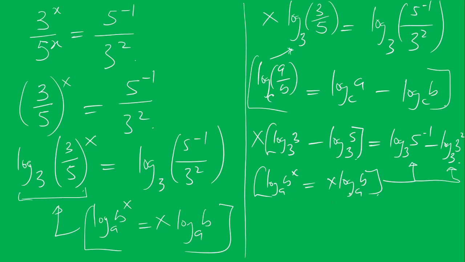Applying it on both sides, you will now have x in parentheses log 3 base 3 minus log 5 base 3 is equal to minus log 5 base 3 minus 2 log 3 base 3.